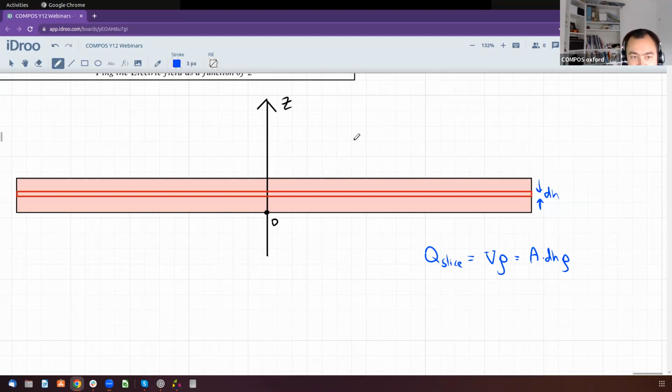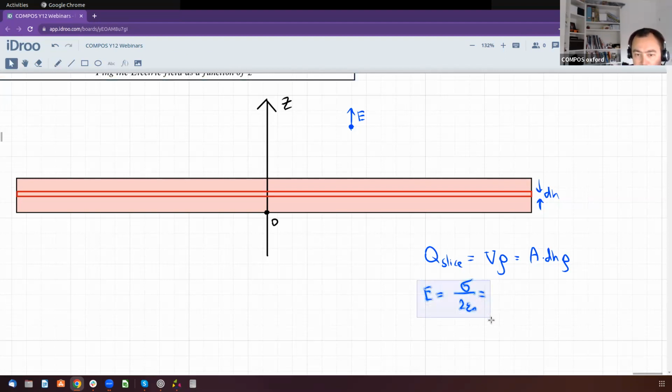And the electric field produced by that slab, electric field at this point, is the surface charge density of that slice divided by 2 epsilon naught. And the surface charge density, as we already discussed, is the charge divided by area.